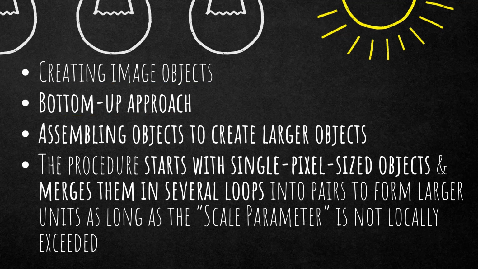That means that it starts with small image objects, in this case pixel-sized image objects, and grows into neighboring image objects. You as a user can define the shape and size of the image objects that result from the multi-resolution segmentation. I'm going to discuss that in the next few slides, so pay attention.